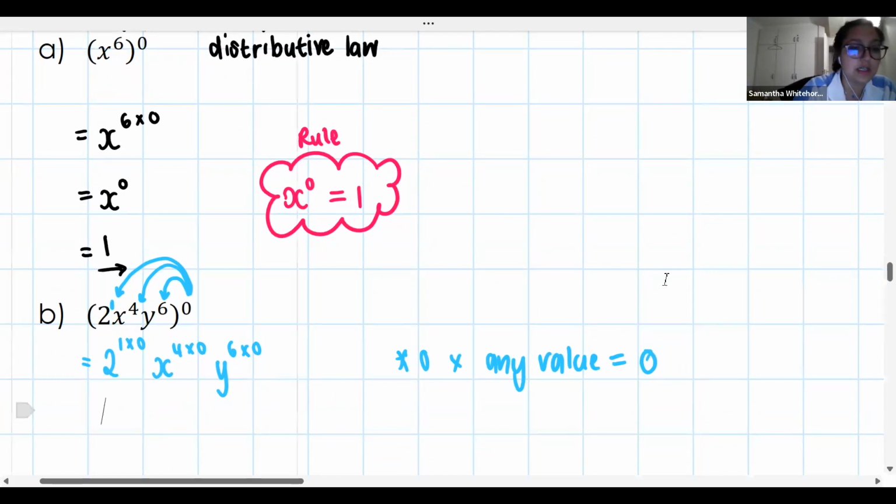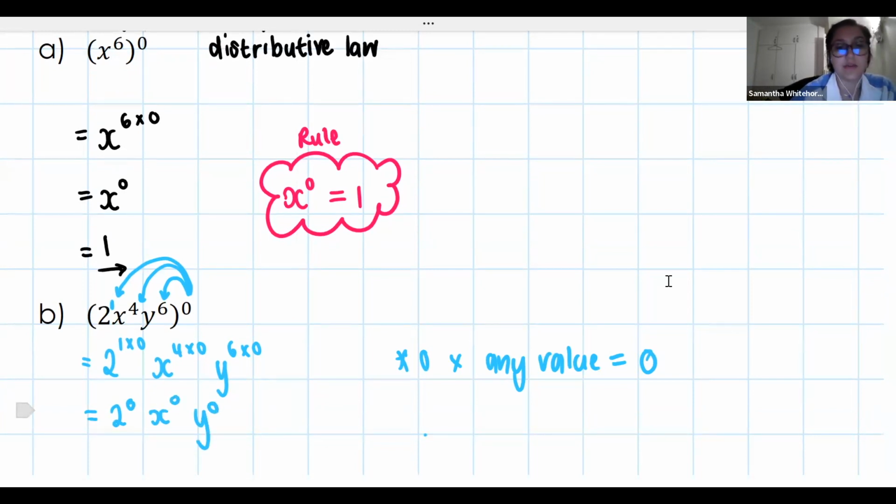So this is just 2 to the power 0, x to the power 0, y to the power 0.